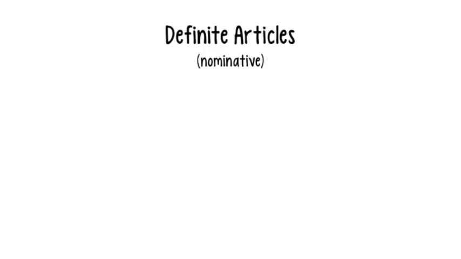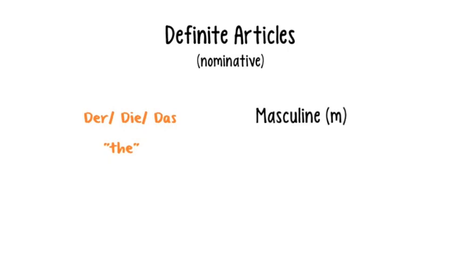Let's have a look at the definite articles in the nominative case. As I already mentioned, in German we have 3 different genders, der, die, and das, which is equivalent to the English the. I want to start with the first gender, which is the masculine form, der.